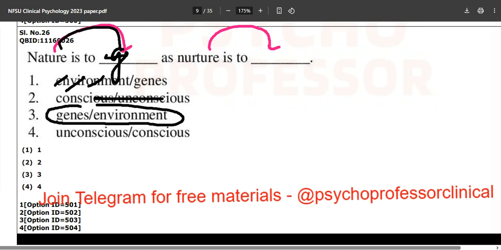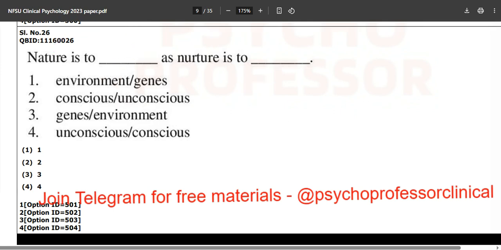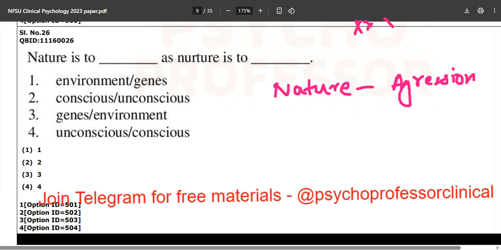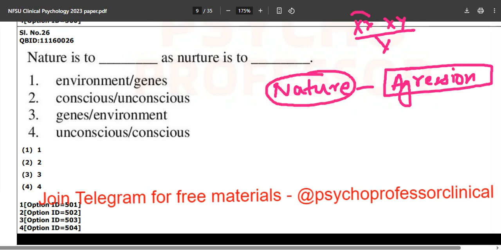What is nature? It is your gene. And what is nurture? It is your environment. So what is your nature? Your nature is aggression. You got genes from your parents, XX, XY. You will be aggressive. This is in your genes. Both are very, very angry, and you are also born very, very angry right at the hospital.